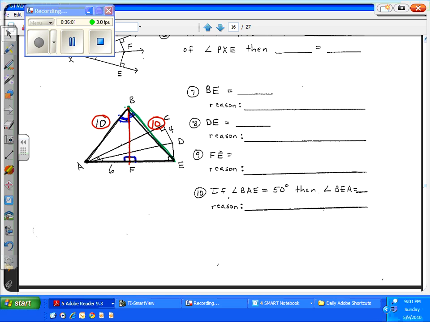And this vertex angle bisector is perpendicular to the base at its midpoint, so Phi is equal to 6. So we could say that BE is equal to 10 because of the isosceles triangle theorem.